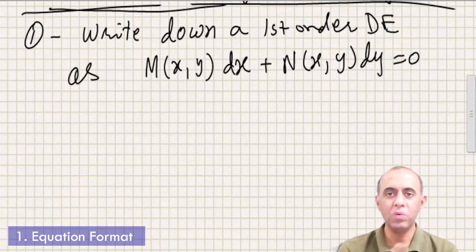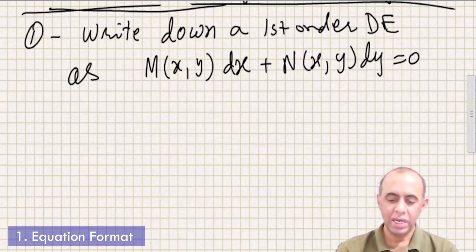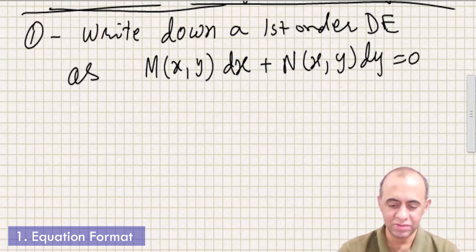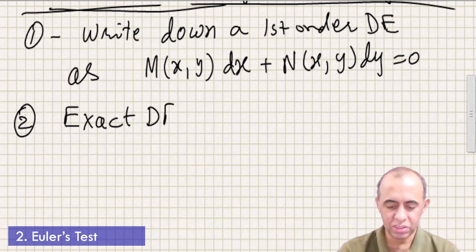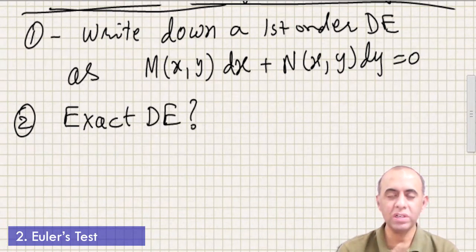Now we go to the condition that is imposed on an exact equation. If that condition is fulfilled, we say that this equation is an exact differential equation. So step 2 is: is it an exact differential equation? To check this, the test that we apply is called Euler's test.